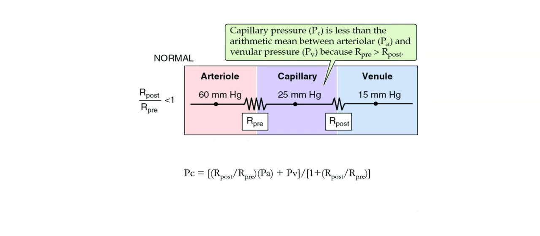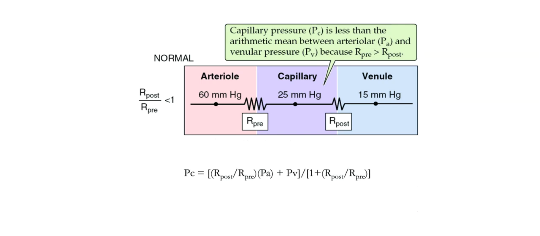After you get out of the capillaries, you're going to pass through another resistance going into the venule system. You'll have a blood pressure on the arteriolar side and a pressure on the venule side. Are these in series or parallel? They're in series, okay?